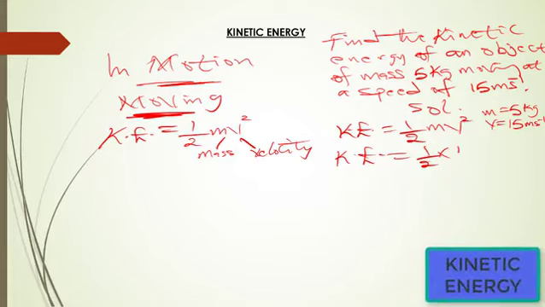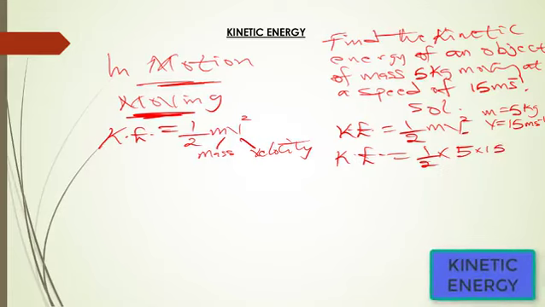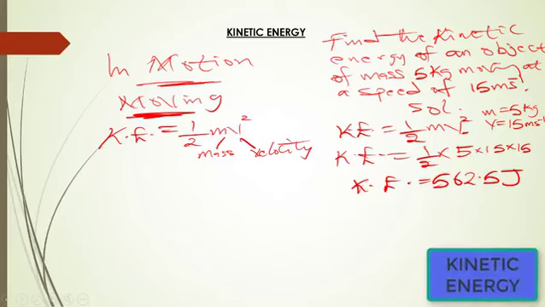So half times mass of the body, 5 times 15. Remember, the velocity is squared, so it's going to be 15 times 15. So here, when you multiply everything together, we're going to have 562.5 joules. That is the kinetic energy possessed by the body.